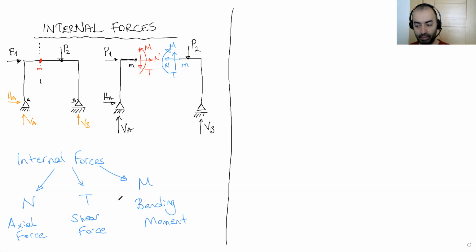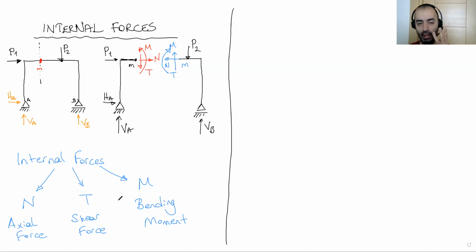To solve this problem, this system is in a balanced condition, in equilibrium condition. So we have equilibrium equations from the statics.